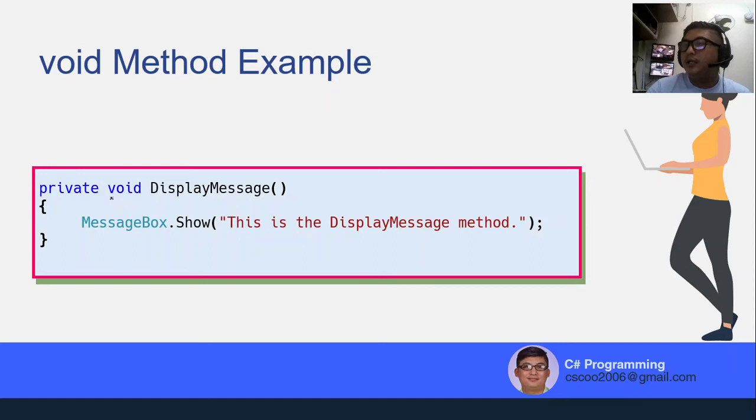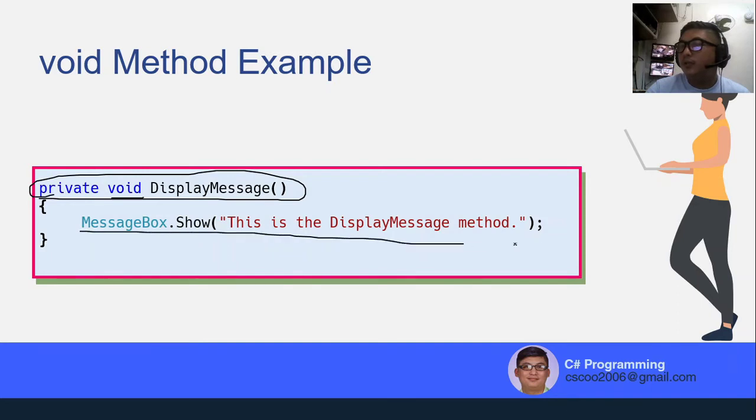Okay, so this is how you write a method. You have a private void. This is what you call the method header, and this is what you call the method body. So you can include here any C# statements like input-output, the sequence, the loop, any statement that I have discussed so far, you can put here since it is a valid statement.